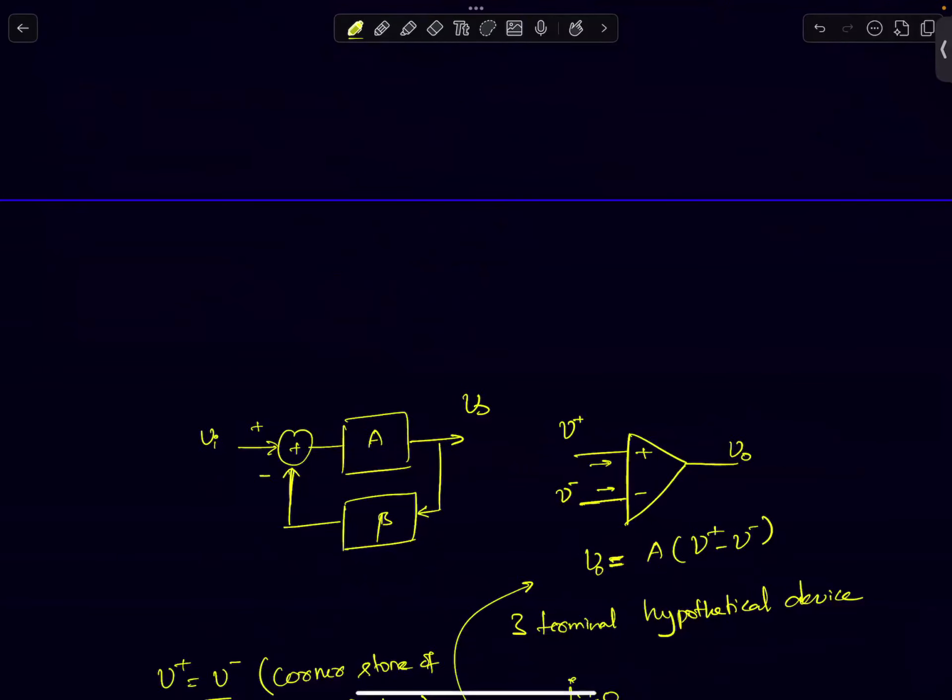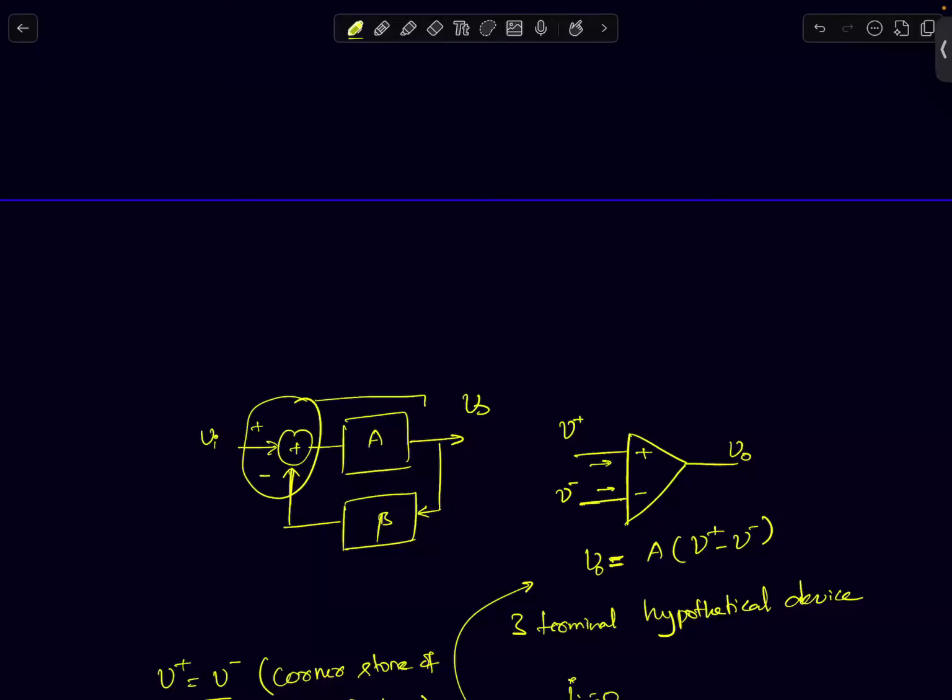So I'll start with a simple negative feedback circuit that looks like this. A negative feedback amplifier has to have the capacity to subtract 2 signals and then amplify it by a large amount. Okay, so this operation is needed. I need an amplifier, so I cannot just rely on an open loop.